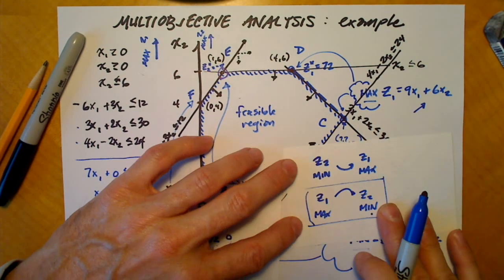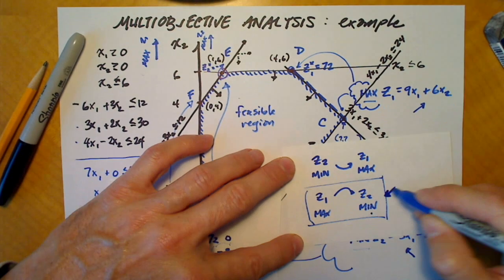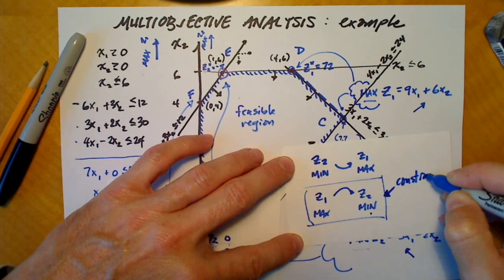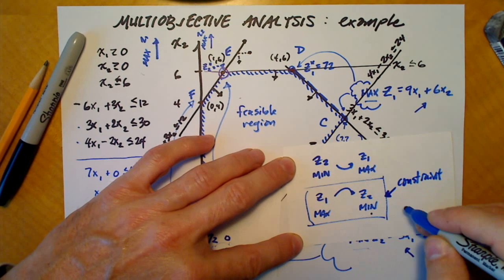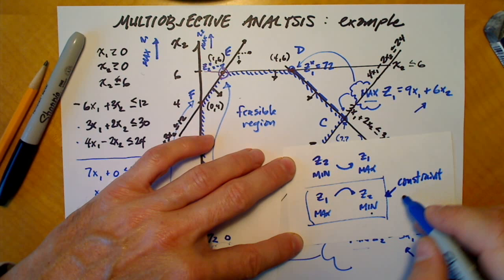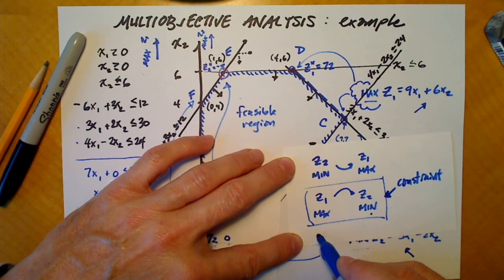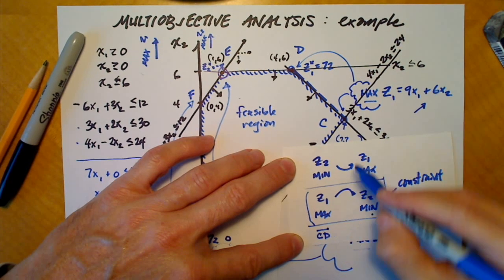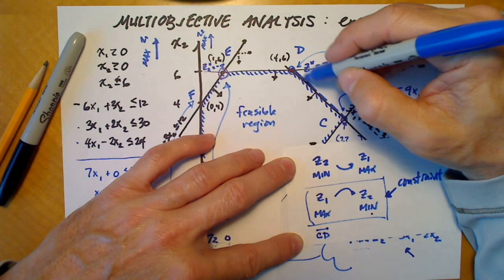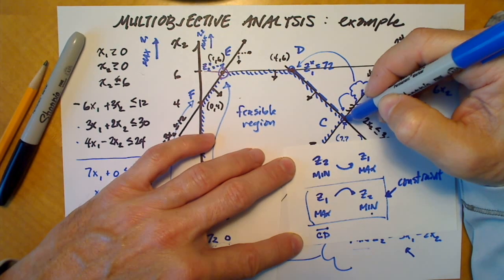Let's go over that one more time. If this is our strategy, if we're going to take these objectives in a certain order, Z1 to Z2, and we maximize Z1, we would find that the entire line segment CD meets the maximization criteria.